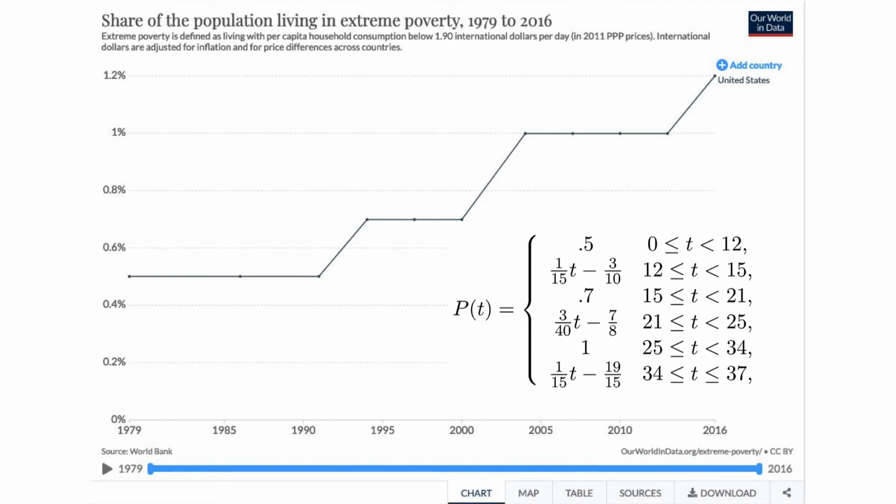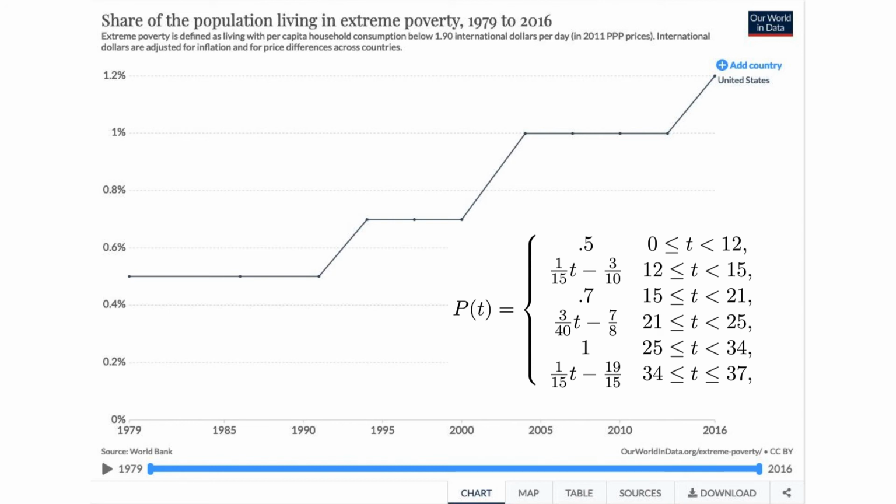Notice that between the years 0 and 12, which corresponds to 0 and 12 years since 1979, the share of the population living in extreme poverty is 0.5%. Then we have found an equation for the percent of the population living in extreme poverty between t equal to 12 and 15. We found that equation using the two endpoints, so basically having 2 points on a line, finding the slope and the y-intercept.